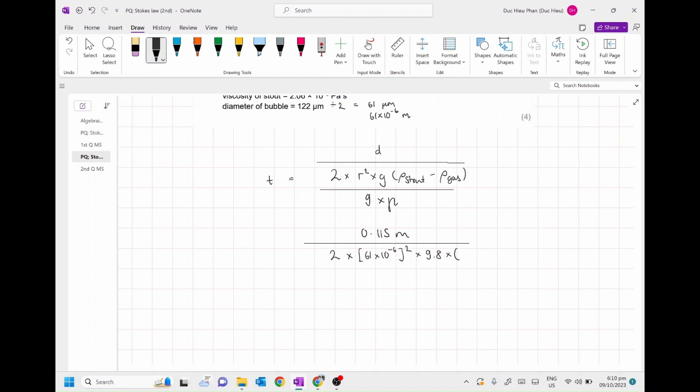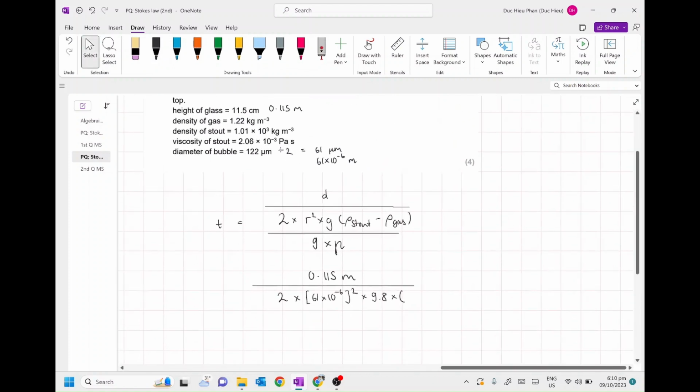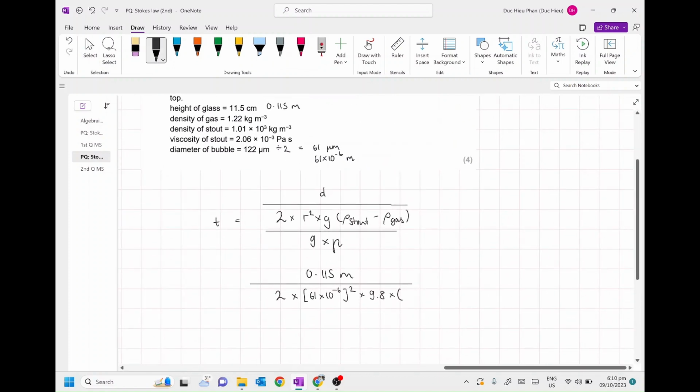And then times the density of the stout, which is 1.01 times 10 to the power of 3, minus 1.22.